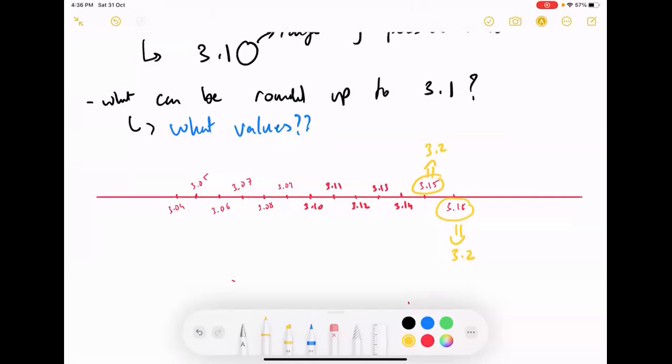What about 3.14? 3.1. What about 3.13? 3.1, then 3.1, then 3.1, it's all 3.1. What about 3.09? That would be 3.1. Good.